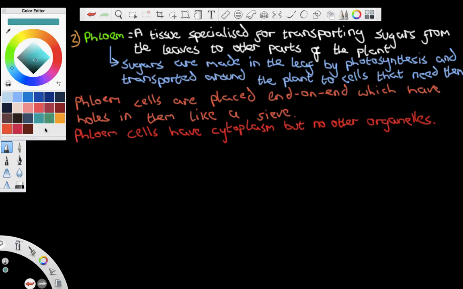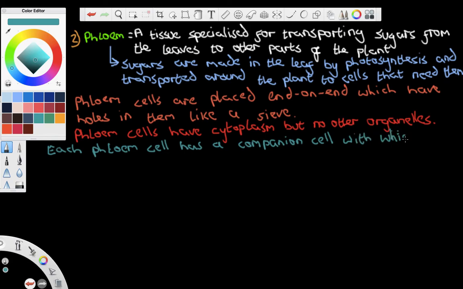So we can say each phloem cell has a companion cell with which it shares organelles. Okay?